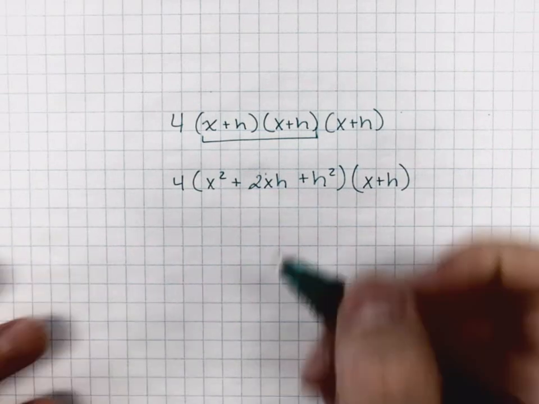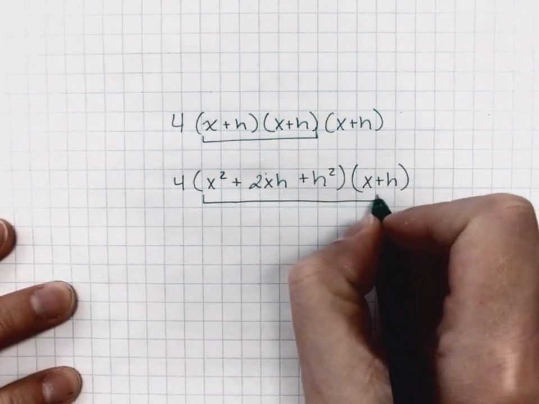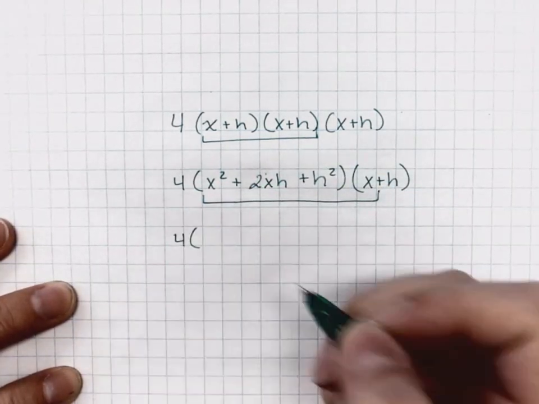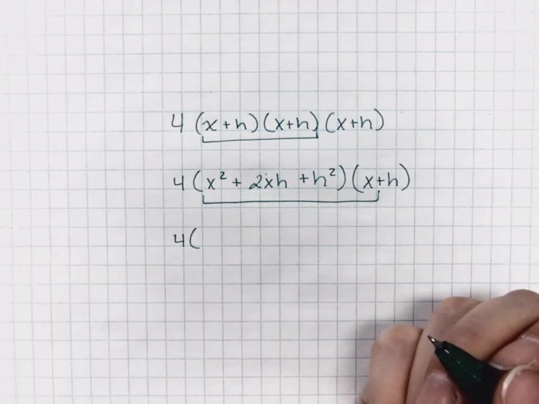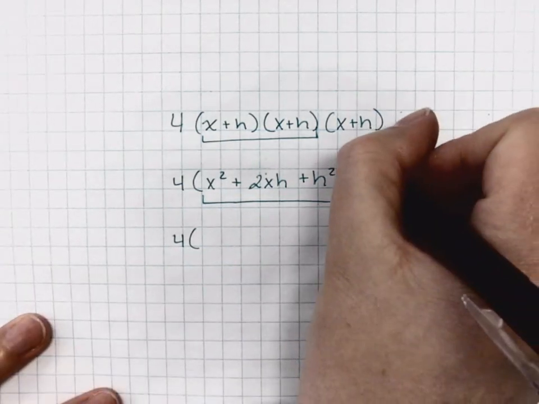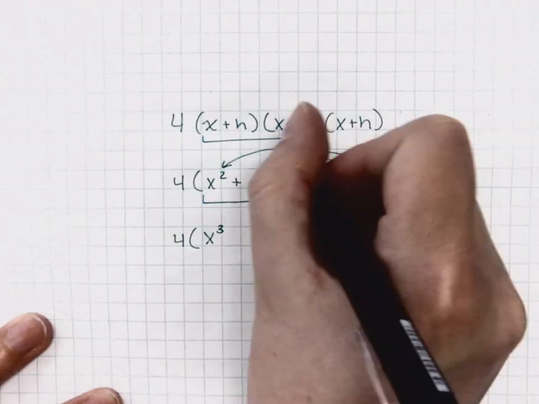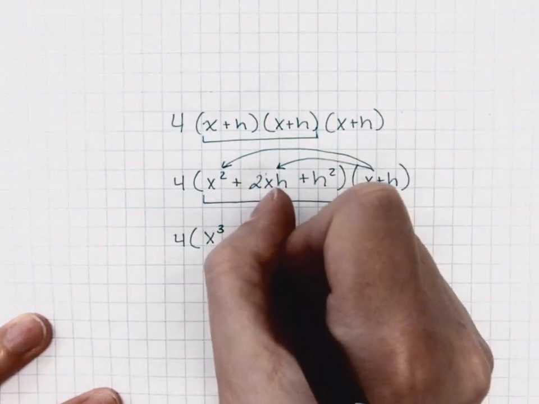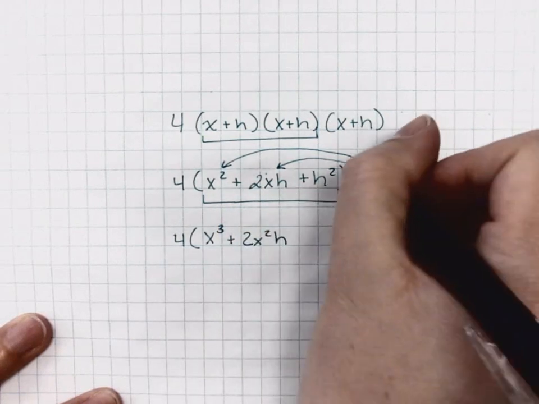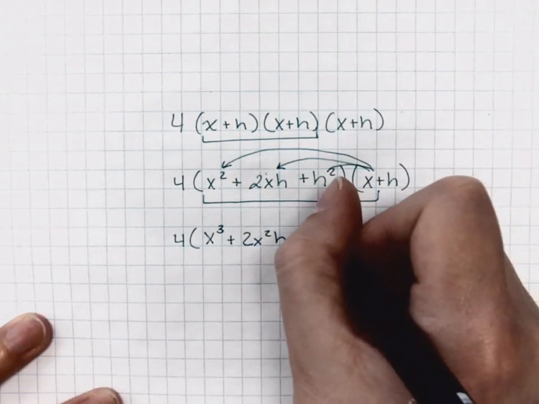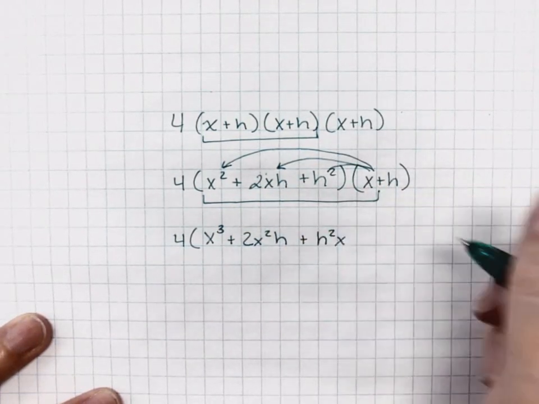So now what I'm gonna do is multiply these two together. I leave my constant till the end. I don't know, it makes my brain happy. So I'm gonna leapfrog backwards. I'm gonna have x cubed, and then plus 2x squared h, and then plus h squared x.